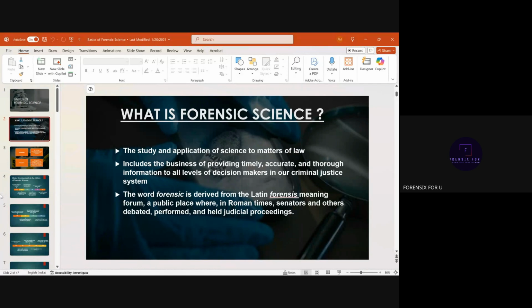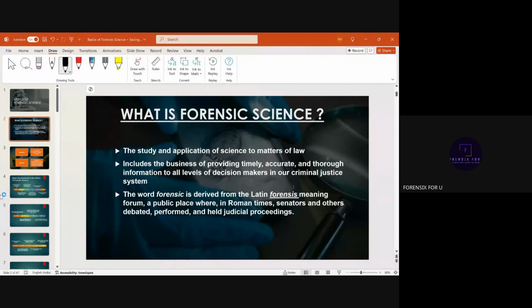It is just the study and application of science to the matters of law, which means that whenever any scientific principle or scientific law or any principles of natural science, be it physics, be it chemistry, be it biology, or anything, whenever such principles are applied for the purpose of assisting legal system of our country to impart justice to anyone, that principle will be regarded as forensic science.